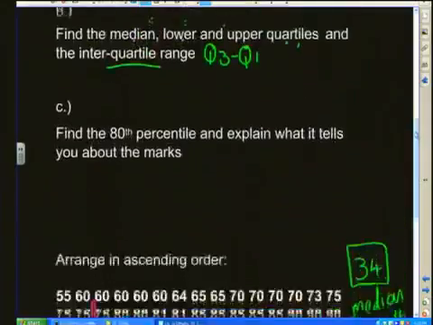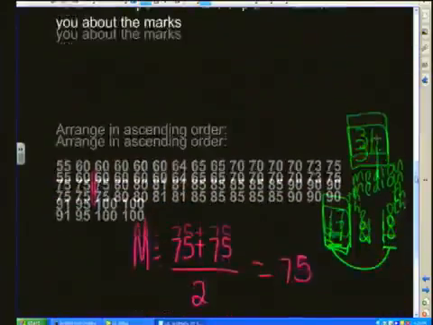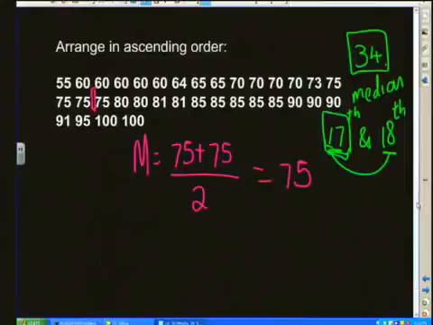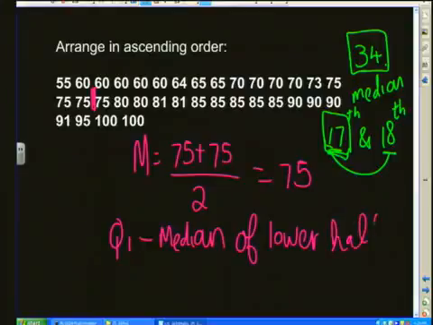Okay. The next thing they wanted us to do was to find the lower and upper quartiles. Now, once you've located your median, we know it's in this position here. Your lower quartile, which is Q1, is the median of the lower half of your values.